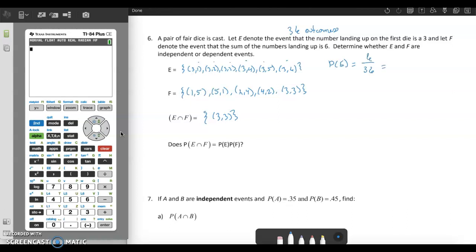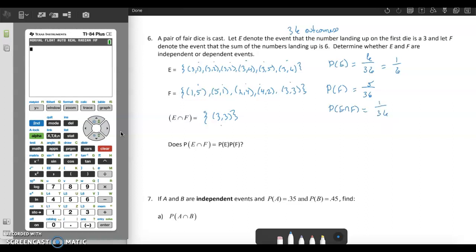So a 1/6 probability for E. The probability of F, there are 1, 2, 3, 4, 5 out of 36. And the probability of E intersect F, there was only one element in that, so it is 1 out of 36.